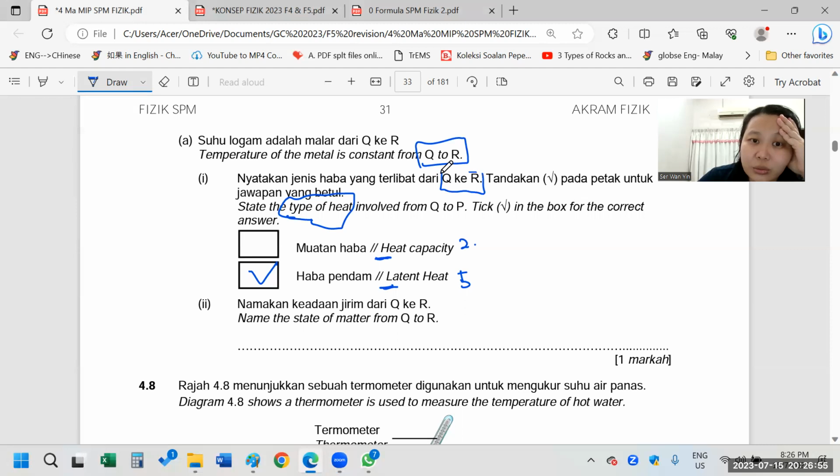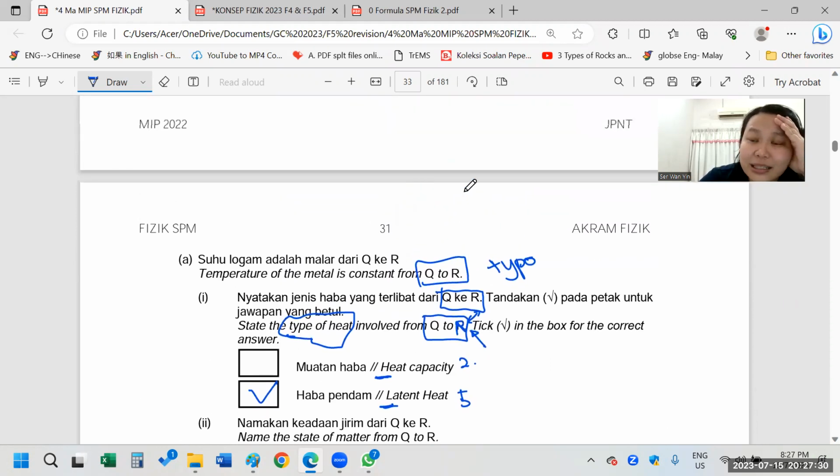This is Q to R, and this is Q to P. So it's Q to R, and I'm not seeing wrongly. It's the question problem. If you see this in the exam, raise your hand and ask, teacher, may I know, is this question okay? But there are fewer typos now.